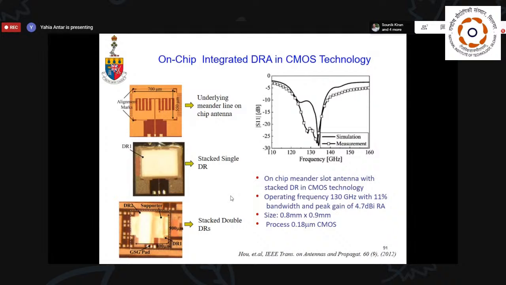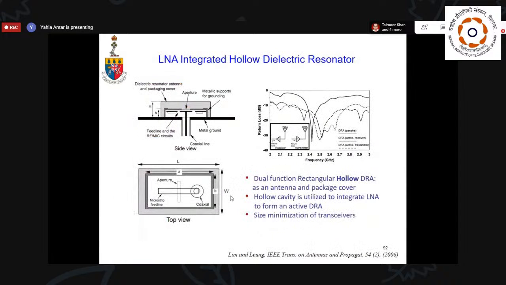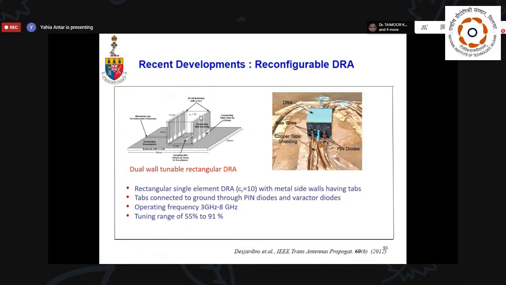Some other work was done in different places, which I'm referring to in the talk here. And I think Dr. Leong and his group reported on this, using the hollow space to put circuits. So this is another advantage.